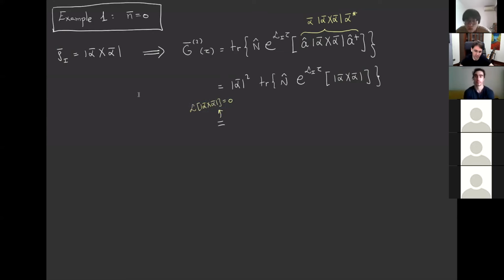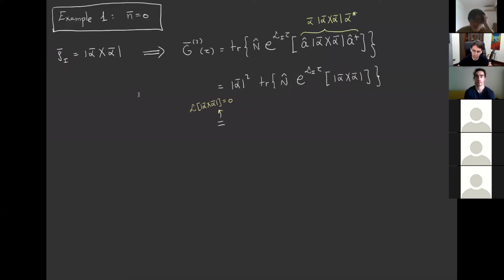So that's just the definition of the steady state. If you apply the Lindbladian, it gets equal to 0 because the time derivative of that state is equal to 0. Then essentially, this means that when you apply the exponential onto the state, it remains invariant.